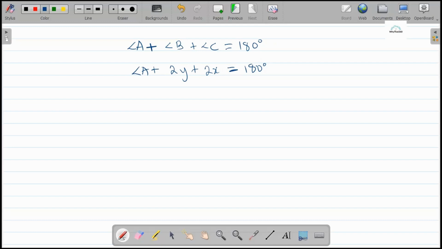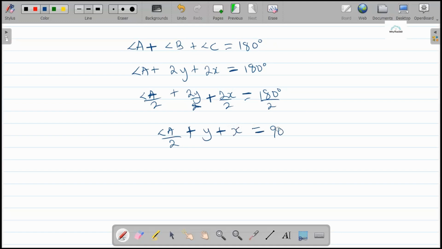We are going to get angle A divided by 2, plus 2y divided by 2, plus 2x also divided by 2, equal to 180 degrees also divided by 2. That leaves us with angle A out of 2, plus y plus x, and that should give us 90 degrees.